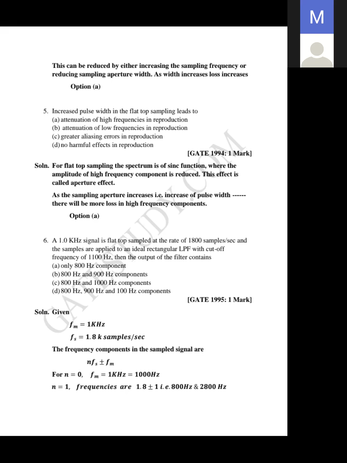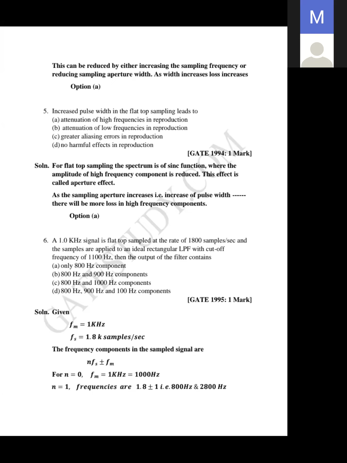Next, the fifth question: increased pulse width in flat top sampling leads to what? As I already said, flat top sampling has a sinc function spectrum, and the amplitude keeps reducing.